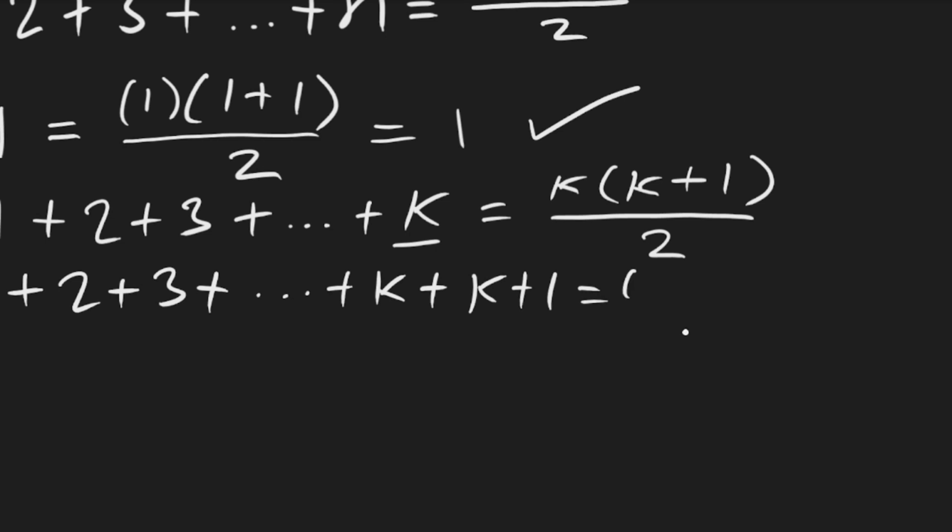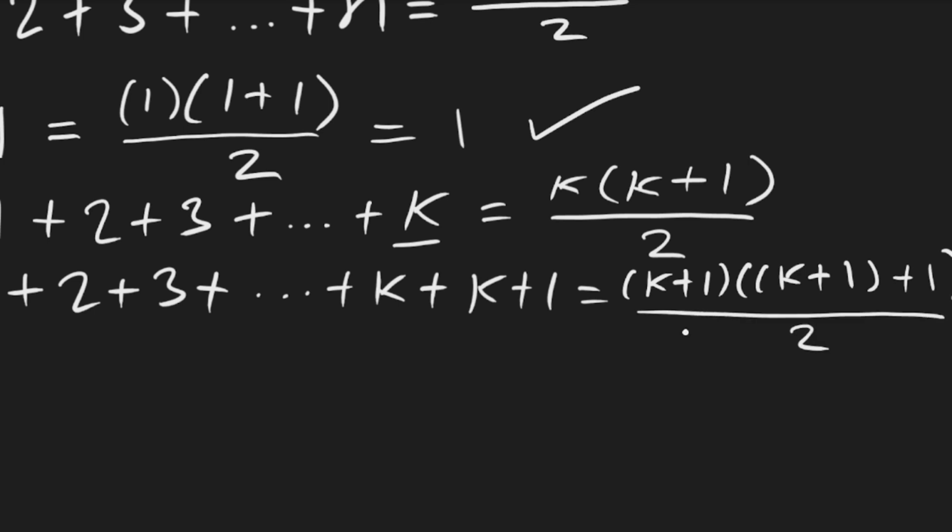Basically, it's going to be k plus 1 times k plus 1 plus 1, all divided by 2. Right?